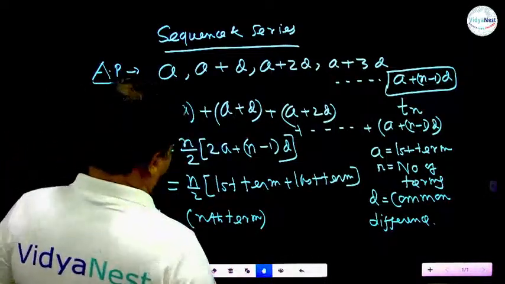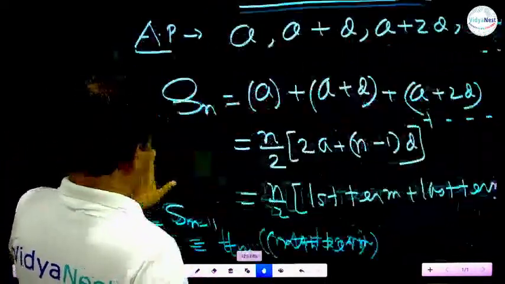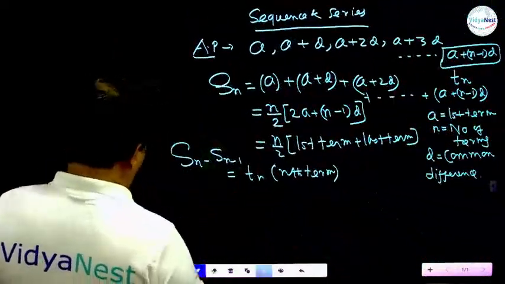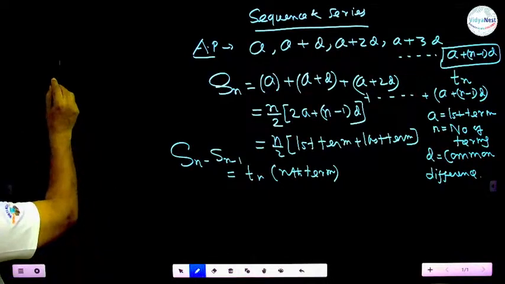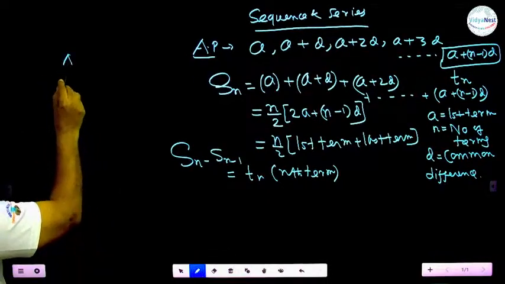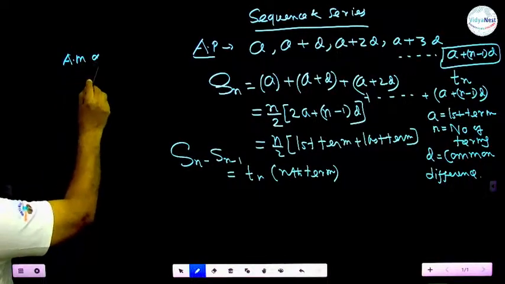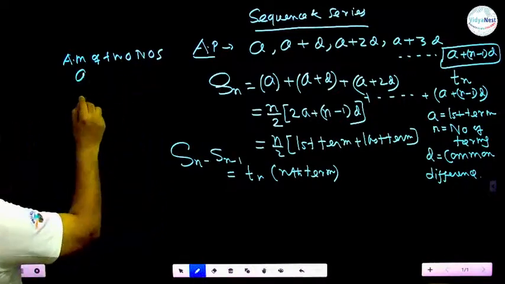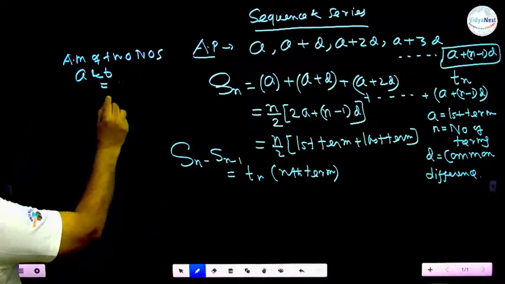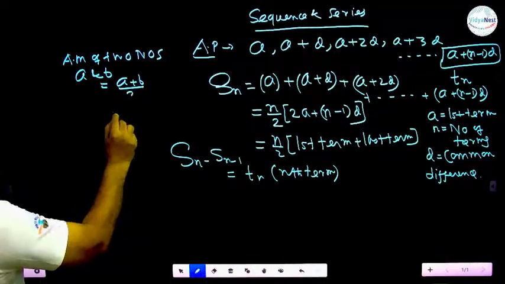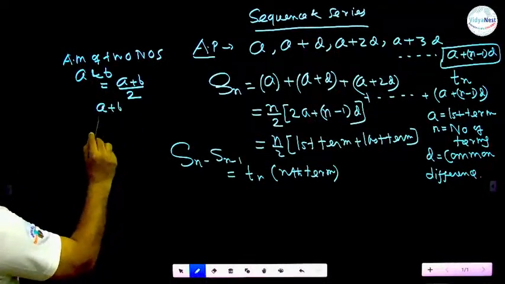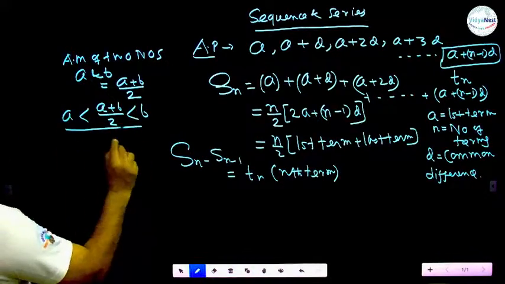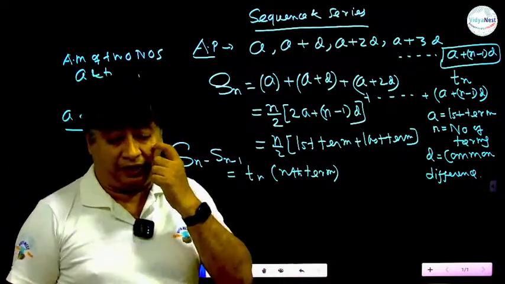Beside this, we got arithmetic mean of two numbers a and b, a plus b by 2, and we got the concept that the arithmetic mean lies between the numbers whose arithmetic mean we are told to find.